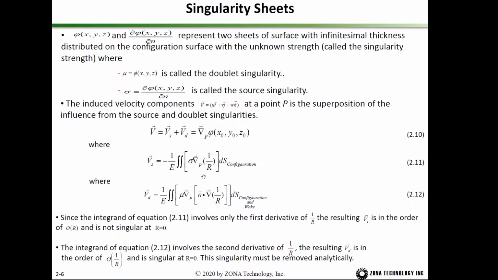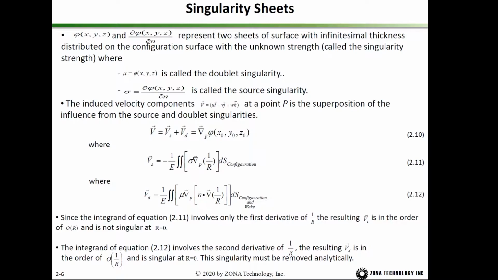So if we look at this integral, after we take a derivative, this becomes 1 over r cubed. But we have 2 integrals, so the resulting integral solution is in order of r. So it's not singular.